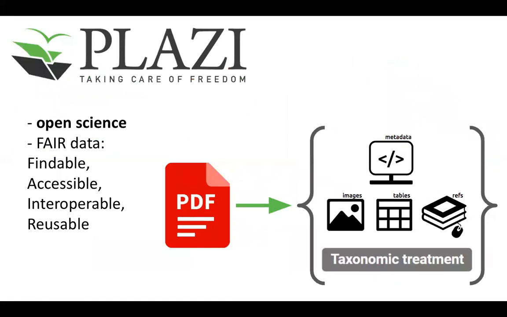Following the principles of open science and FAIR data, making information findable, accessible, interoperable, and reusable, Plazi has created tools and workflows to liberate information from what they call PDF prison.